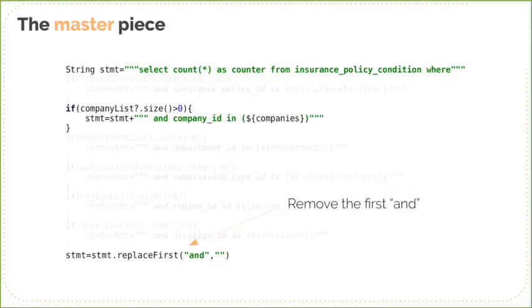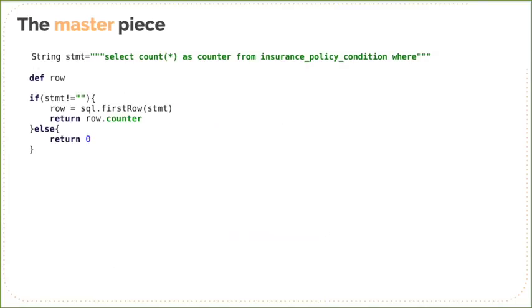Then we remove the first and in that string, because imagine that this is the query that we are going to execute: select count star as counter from whatever, where, and company ID in. That first and shouldn't be there because that's not a valid SQL statement. So we remove that first and to create a valid SQL statement. Then we continue with the code. Here we have this check.